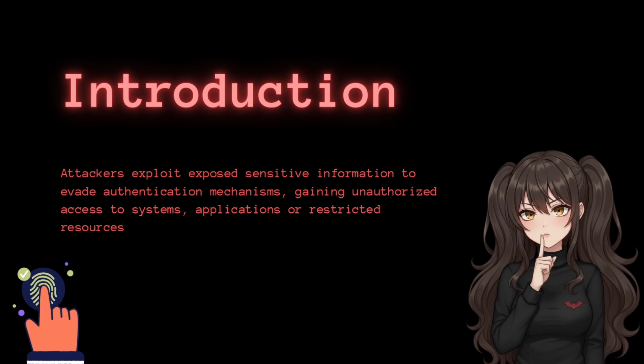This is what we mean: the information that is exposed, we are using it to authenticate as a person whom we actually are not, but we are trying to impersonate that person. So that's the whole point here.